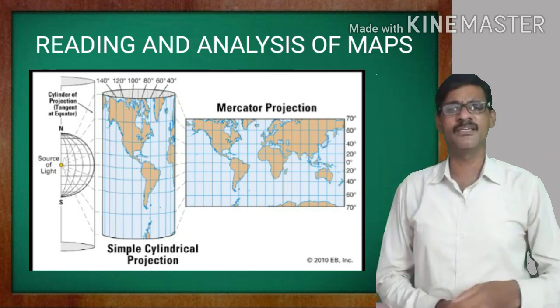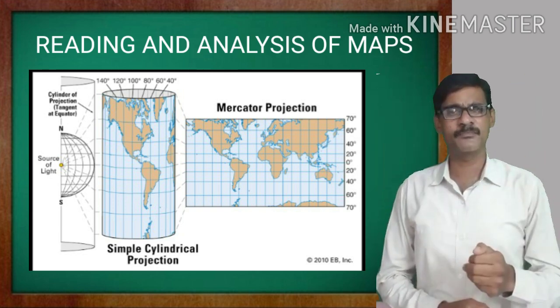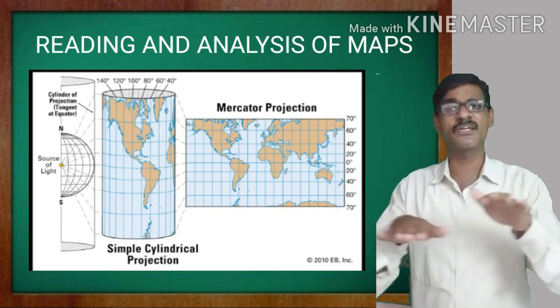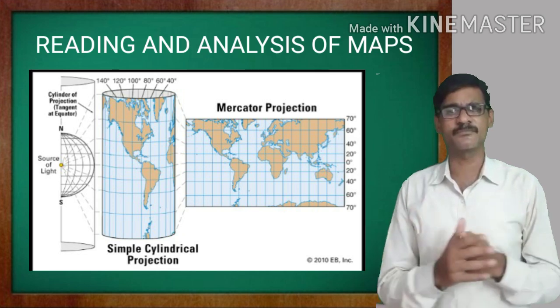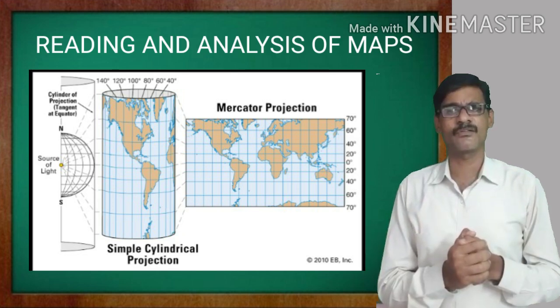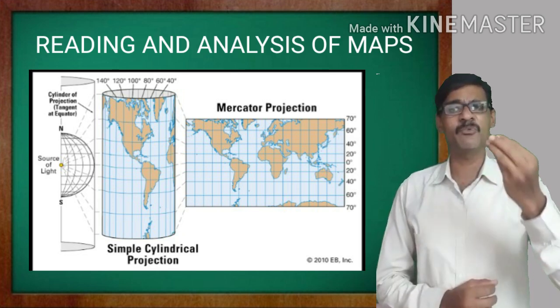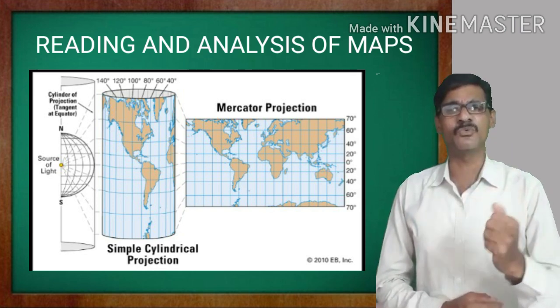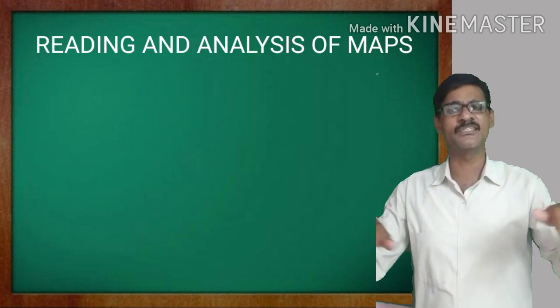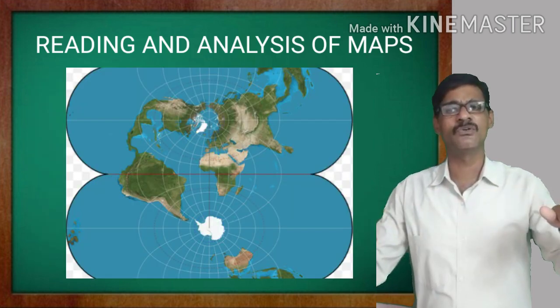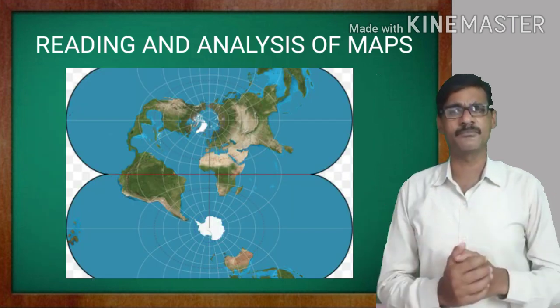And when we see the world map, there are no curvatures, we are not showing that curvature. It is inevitable, it is impossible to show that curvature on the flat map.